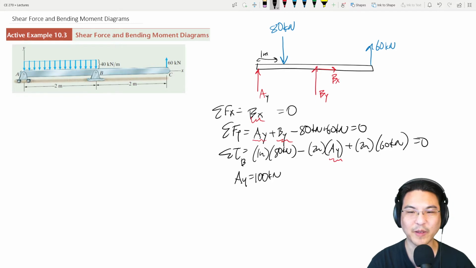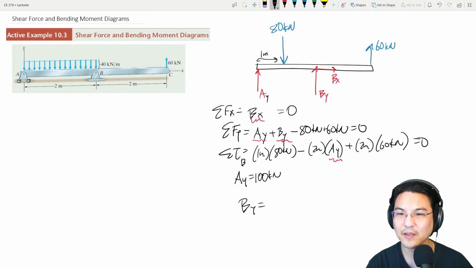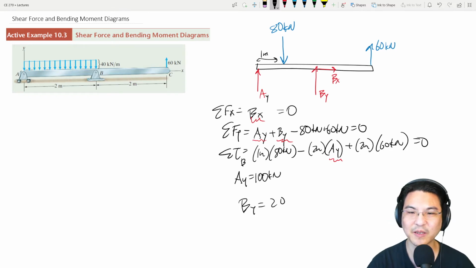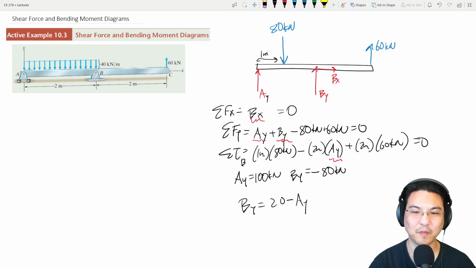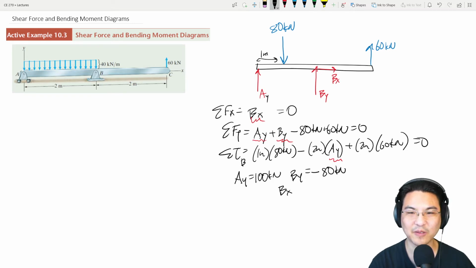And then substitute that value here. So then By is 20 minus AY, so By is negative 80, and Bx was 0. Okay, so we have all three reactions at those supports.